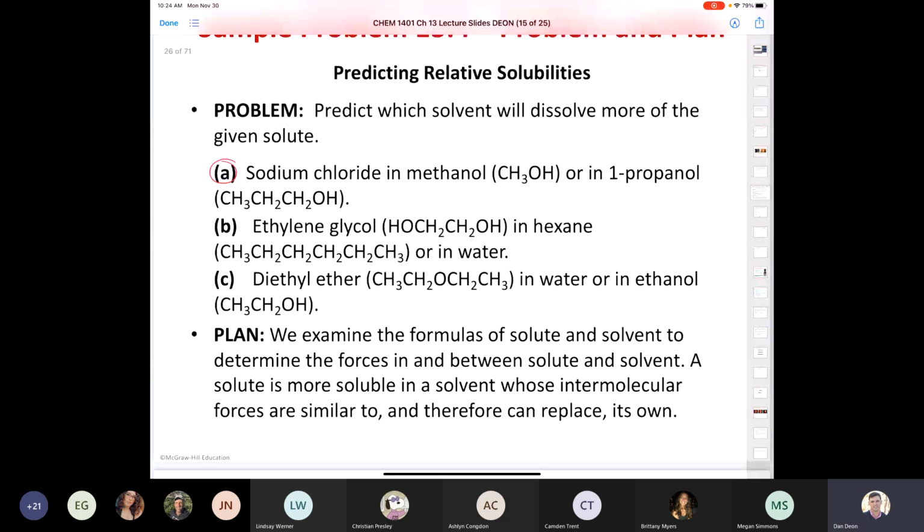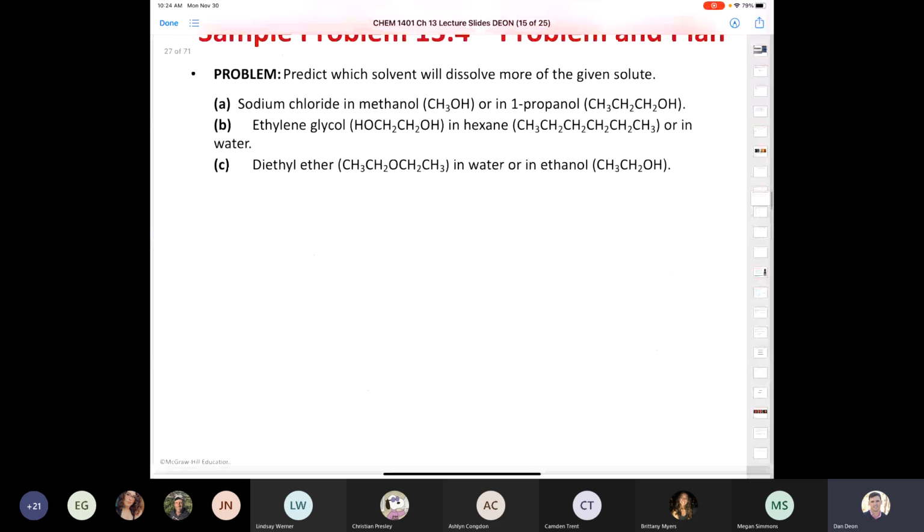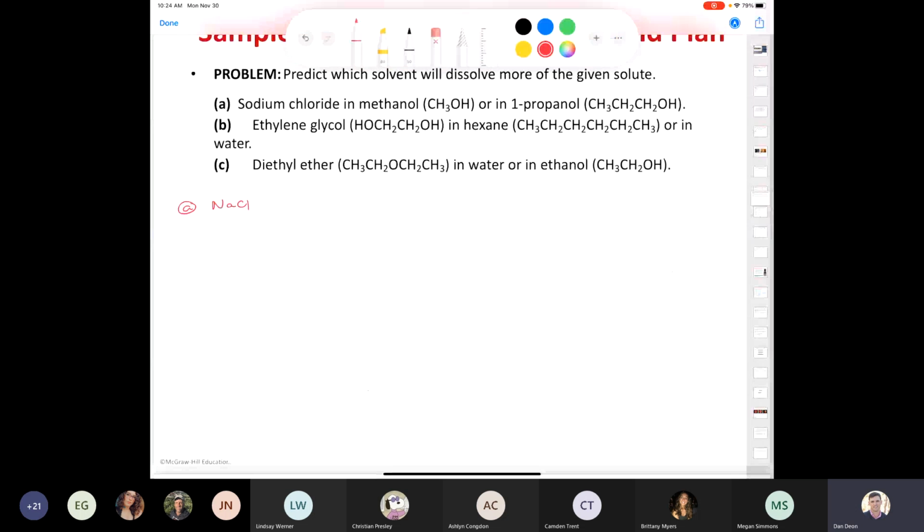Let me move ahead here where I've got a little bit more room. Sodium chloride is an ionic compound. NaCl is made up of a sodium cation and a chloride anion, so we're going to have ions. What kind of forces in methanol and propanol are most like the forces in sodium chloride?